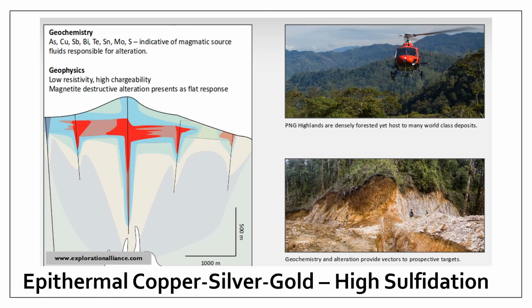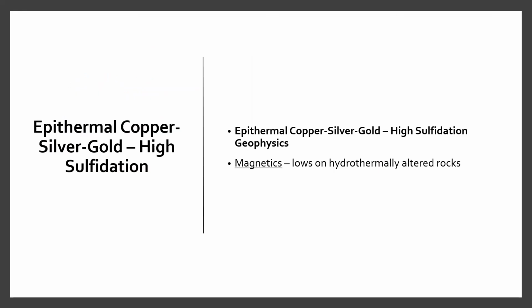Okay, so chargeability is a function of presence of metals, fluids, and large surface area. And then also note that the alteration destroys your magnetites in their deposits, so you can expect a low magnetic reading here compared to your host rocks. Okay, so that's what I discussed previously.